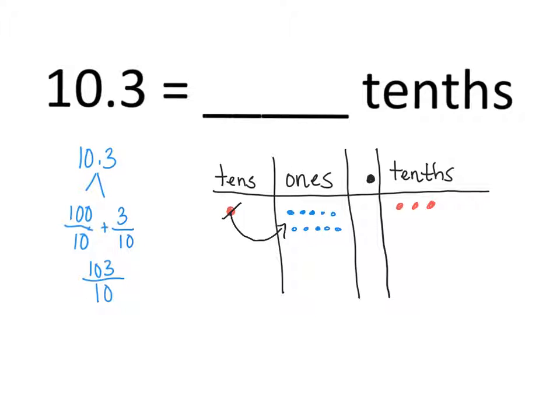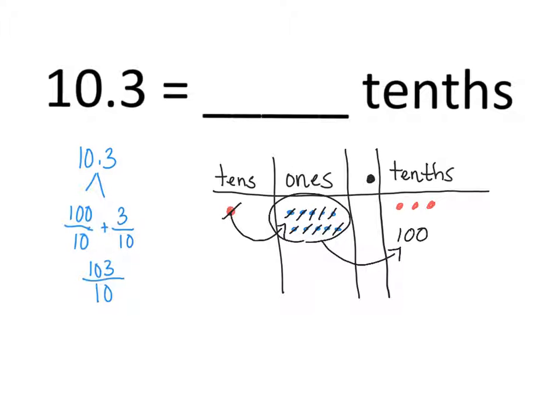Each one of these ones is equal to 10. So if we have 10 ones and they're each equal to 10, wouldn't that be 10 times 10? I'm just going to write 100. So all of these just got cashed in to make 100.